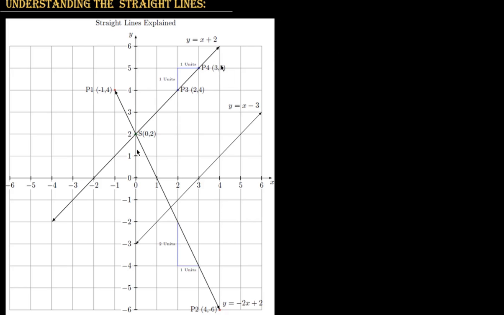For example, these are two lines. We have the equation y equals minus 2x plus 2, the equation of this line, and the equation of this line is y equals x plus 2. So let us solve these equations.